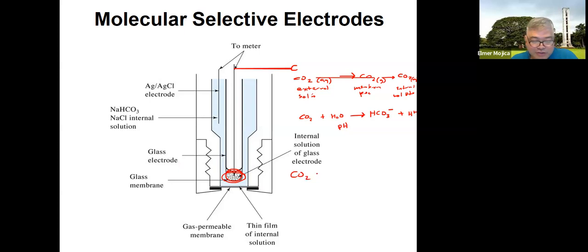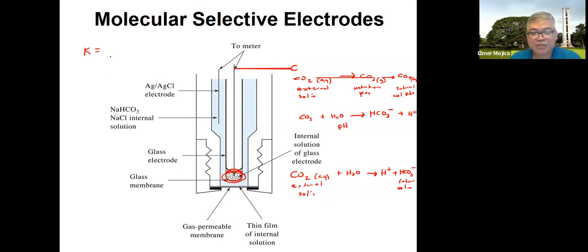So you have CO2 aqueous reacting with water to produce H plus and HCO3 minus. So that is the one in your internal solution, and this is the one that you have in the external solution. So how would you look at the thermodynamic equilibrium for this one?